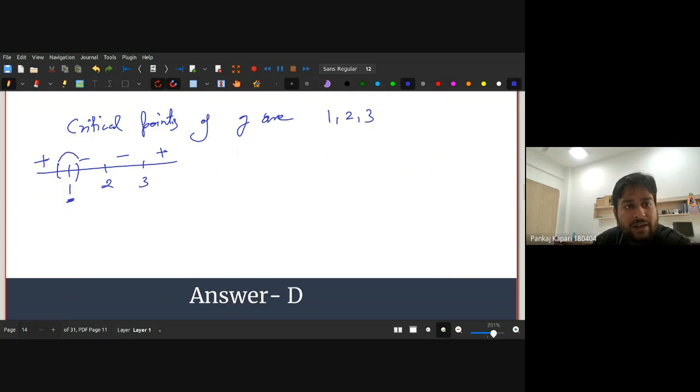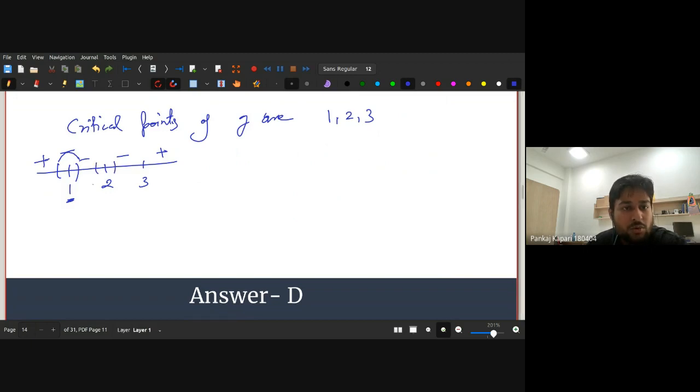Initially it was increasing, then the slope becomes 0 at 1 because it's a critical point, and after that the function started to decrease. So the first derivative rule tells us that x equal to 1 is a point of local maxima.